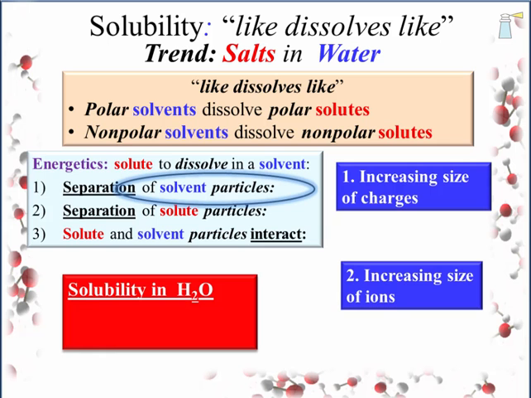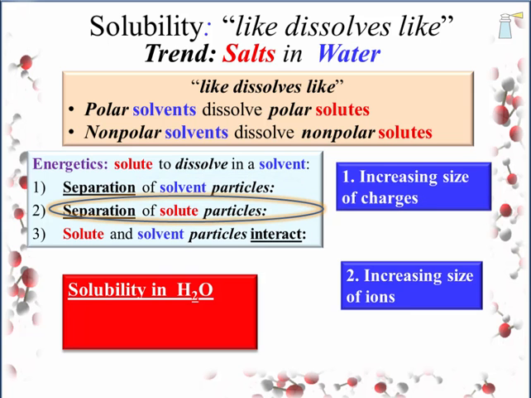That will allow us to ignore energetic step 1 when considering the trends, since separating the molecules of the solvent water will, on a first pass, be similar for the dissociation of all ionic compounds. Starting with the trend regarding increasing size of charge. What is relevant in describing this trend is the energetic cost of separating the anions and the cations.